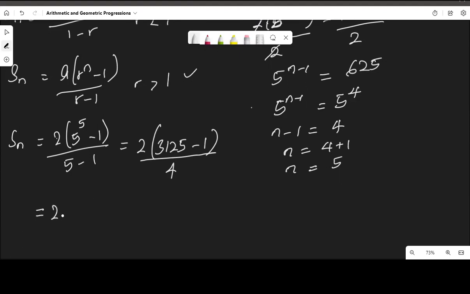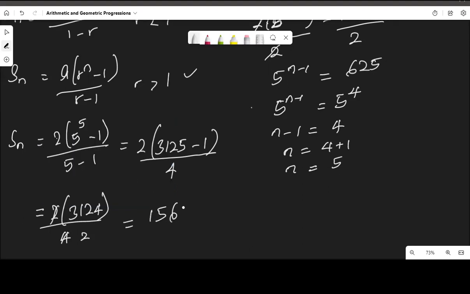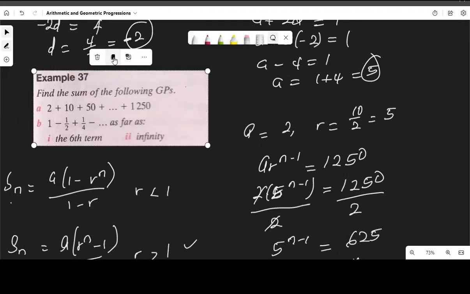I will have 2 times 3125 minus 1, which is 3124, divided by 4. 2 here 1, 2 here 2. 3124 divided by 2 is 1562. 1562 is the sum of that first sequence, and the sum of the second one. Let's move this thing down so we have space to work.